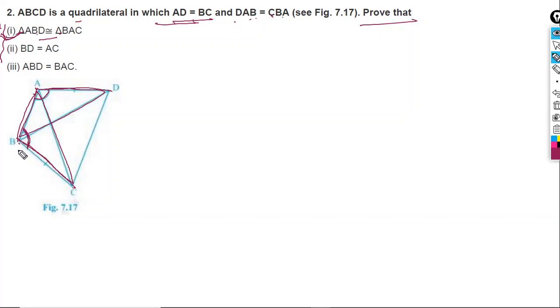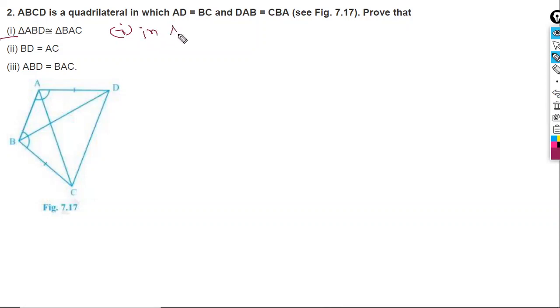Okay, so let's start. We'll take these two triangles. Let's write (i): in triangle ABD and triangle BAC, look at the figure. In between these two triangles, what are equal? AB is equal to AB.